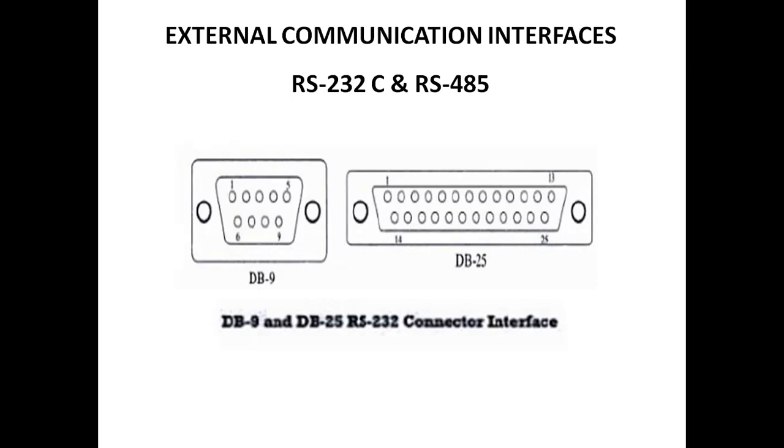The RS-232 interface defines various handshaking and control signals for communication, apart from the transmit and receive signals for data communication. RS-232 supports two different types of connectors: DB9 and DB25. DB9 has 9 pins, whereas DB25 has 25 pins.